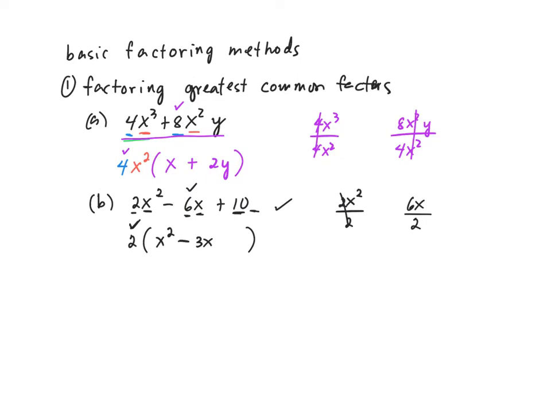The last term, 10 divided by 2, is just 5. And because we are dividing a positive by a positive, the answer is positive, so we place a plus sign between those 2 last terms.